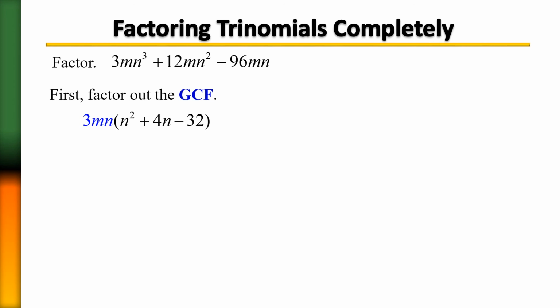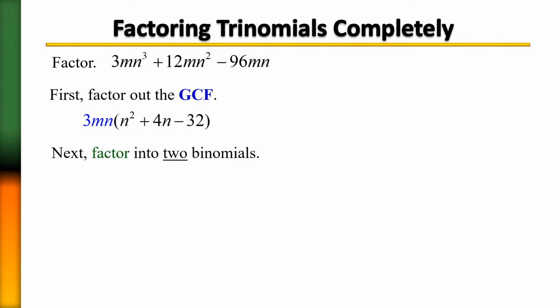So now we need to look for possibilities of how we can get 32. So we want a pair of numbers that when we multiply them, they're going to equal 32. So the pair that would work would be the 4 and the 8. And again, our sign rule tells us to make sure that 8 is the positive one because it's the biggest number, which means by default 4 has to be the negative one.